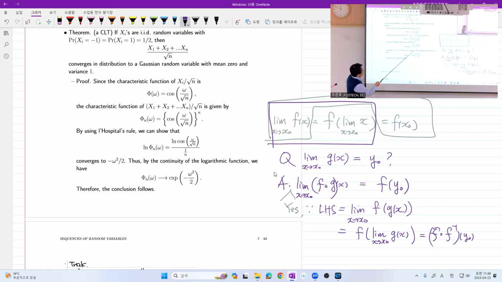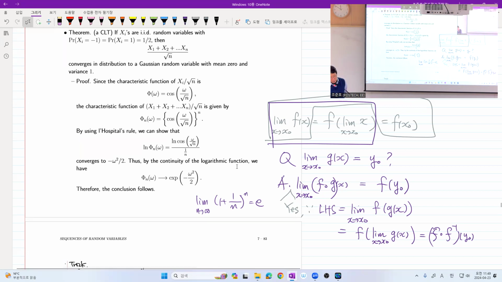So you have this form, and if you take the limit, then you can use that famous limit saying that this sequence of numbers that converges to 1 when it is raised to the power of n converges not to 1 but to e, the Euler's constant or Napier's number, 2.71828.